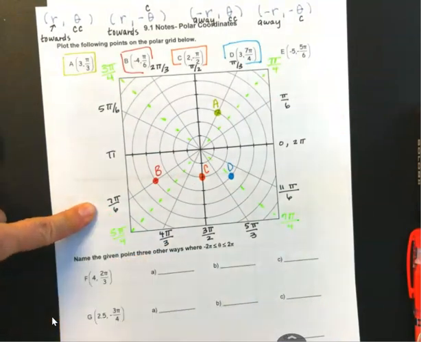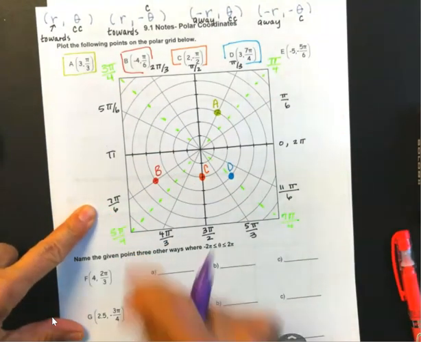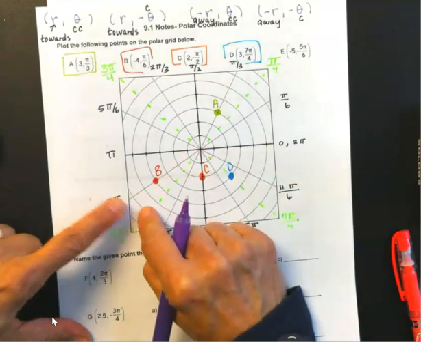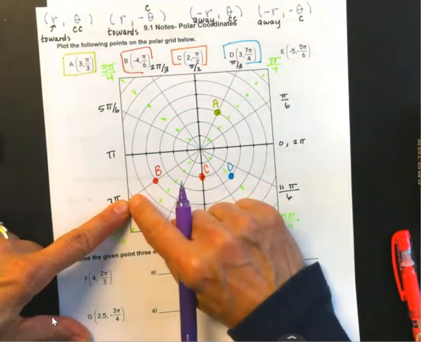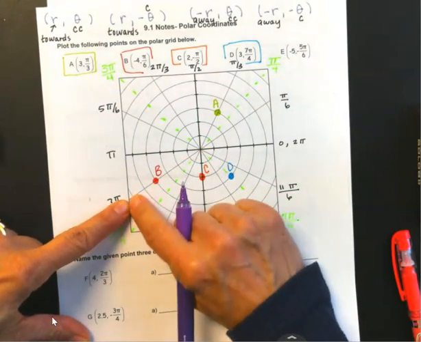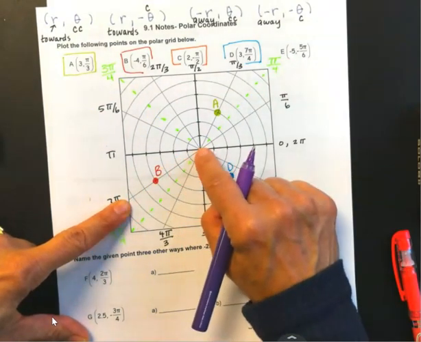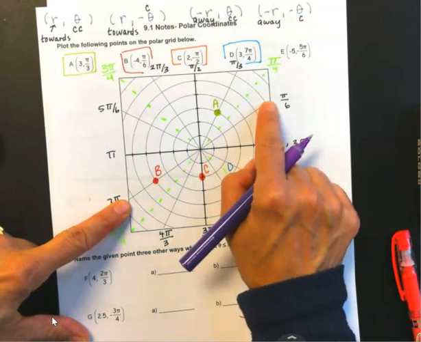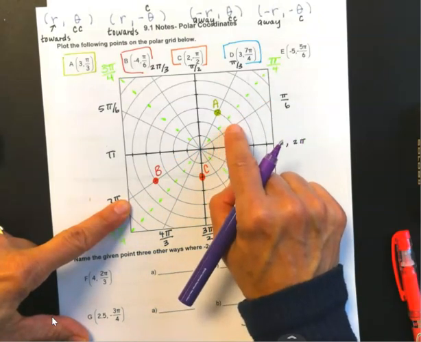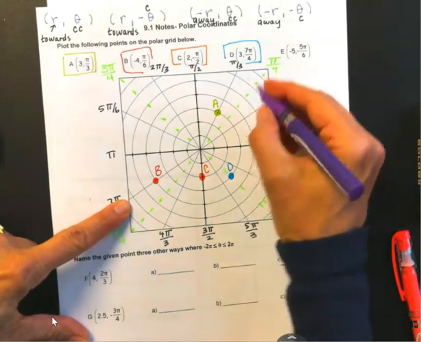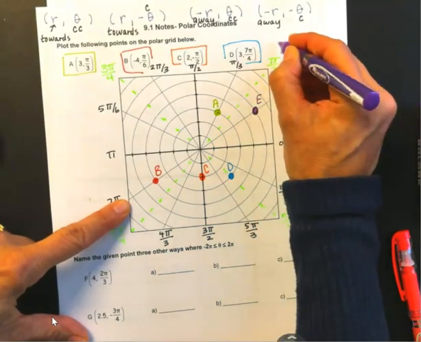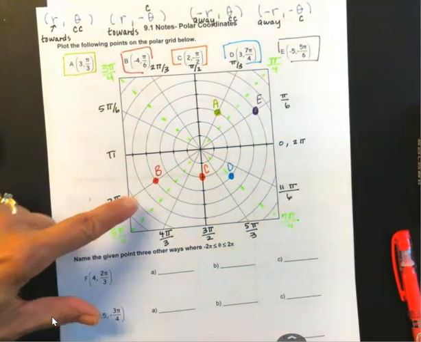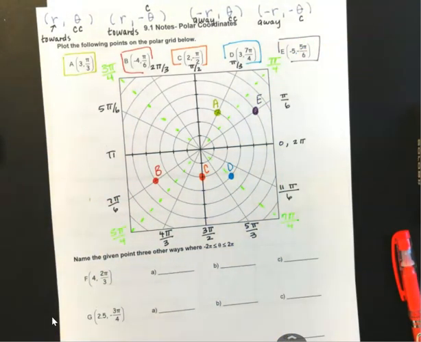So we know that we're going to be looking at this line right here. But we want to go 5 places in the opposite direction. We want to go away from this line. So E is going to be up here. 1, 2, 3, 4, 5. E is right here. All right, let's go ahead and take a look at the bottom.